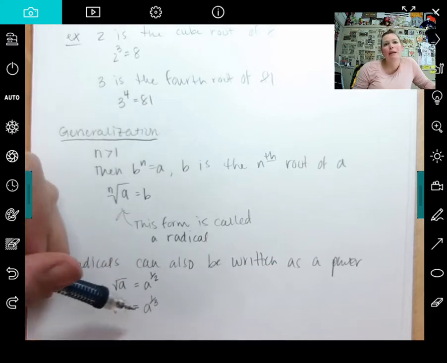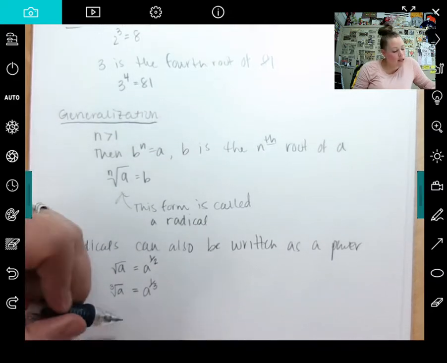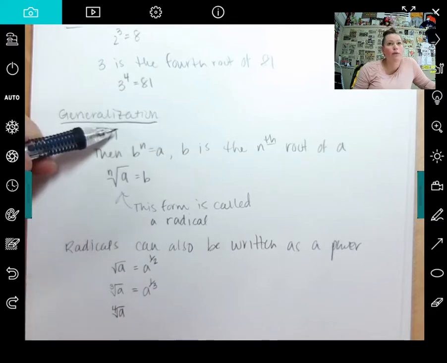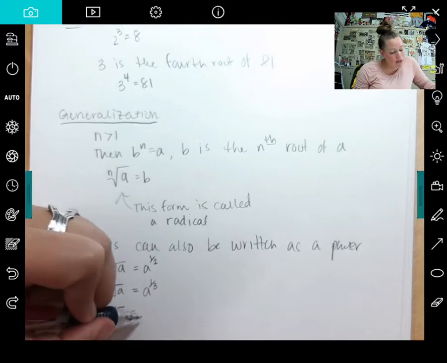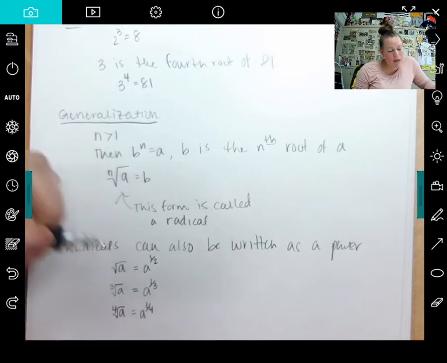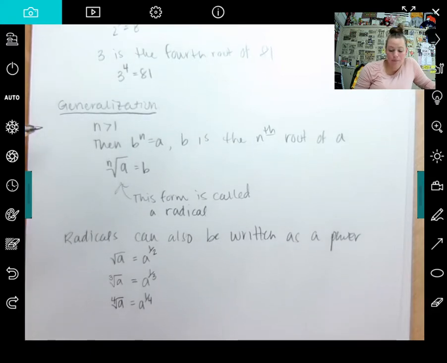And I'm going to explain what this means more the further that we get into this lesson. So if we had the fourth root of a, we've already talked about a fourth root up here, it means that we are just taking a to the 1/4 power. So now we know how to write a radical as an exponent.